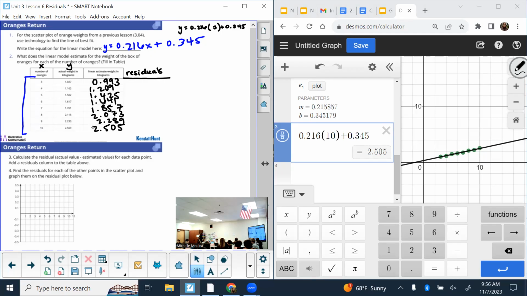So linear model, the equation, y equals mx plus b is what we plug that into. Now you're going to calculate residuals. So add a residuals column to your table. What's the formula for residuals?